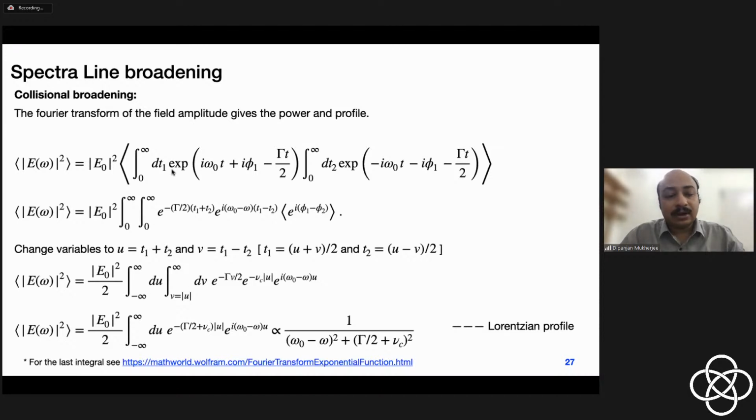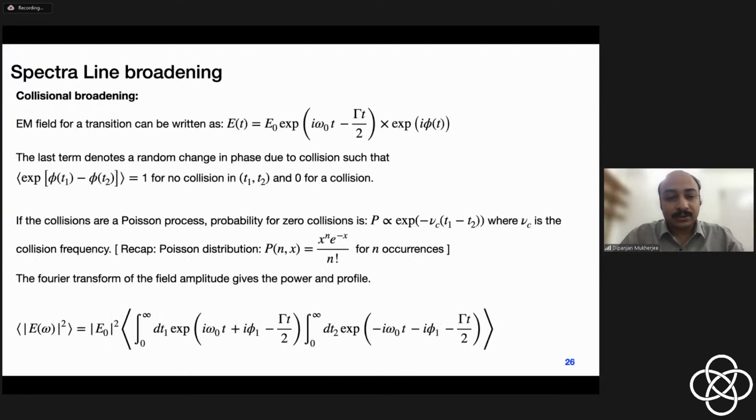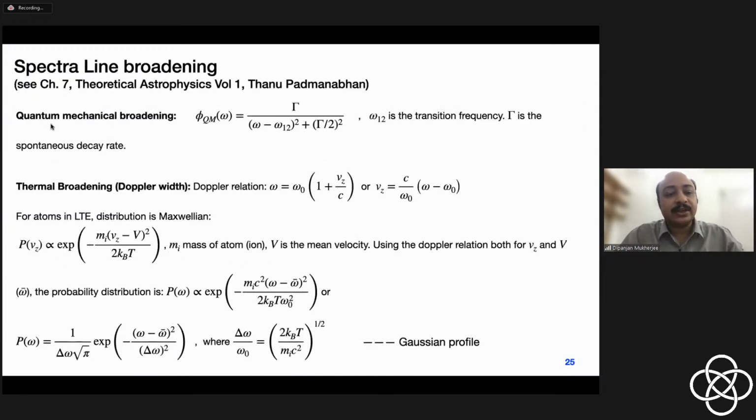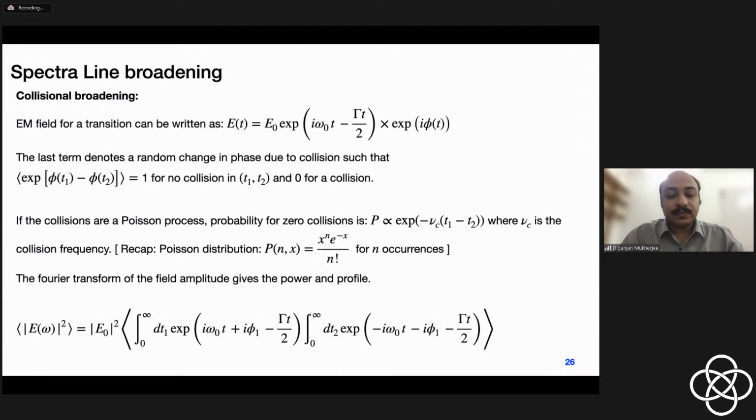So I will not go into the derivations of this because this involves some steps. This is best done on board work. It's not good to show this online. But I have left it here. You can also find the discussions here in chapter 7 of Theoretical Astrophysics, volume 1 by Thanu Padmanabhan, if you feel more interested to look into it in more detail.